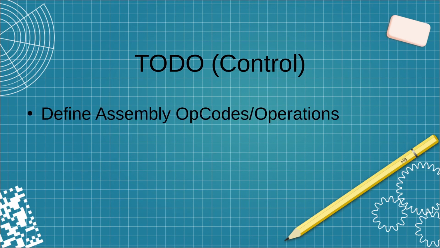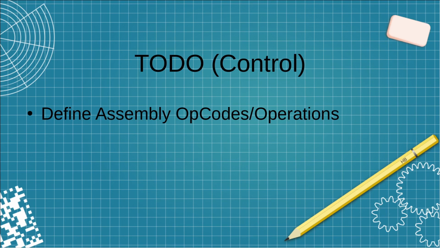For the control module, I'm going to depart from how others have done this, and I'm going to take the definition of the assembly opcodes, instructions, and the operations to complete those early in the project versus adding them in as I go.